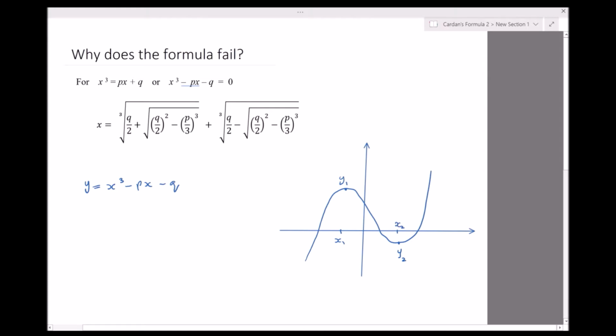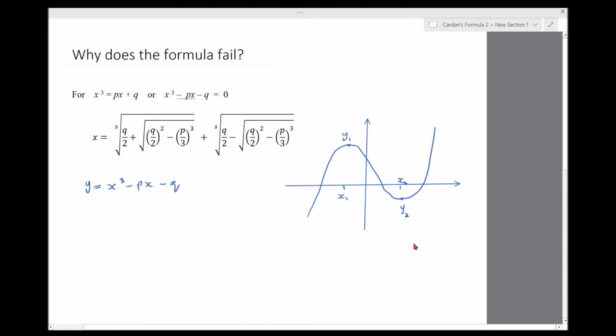Why don't you stop the video now, just pause it, and see if you can use that to decide why you cannot get the formula to work. y1 has to be positive, y2 has to be negative. Okay, just pause the video.